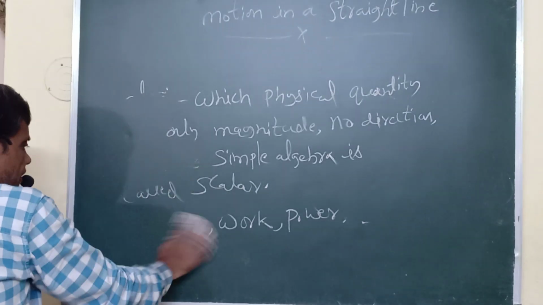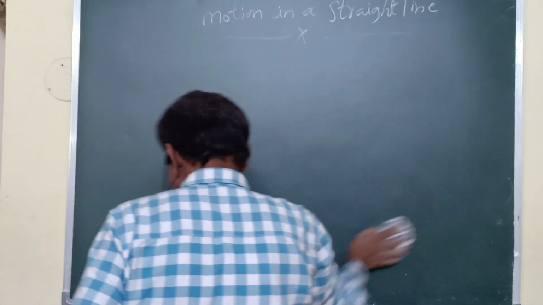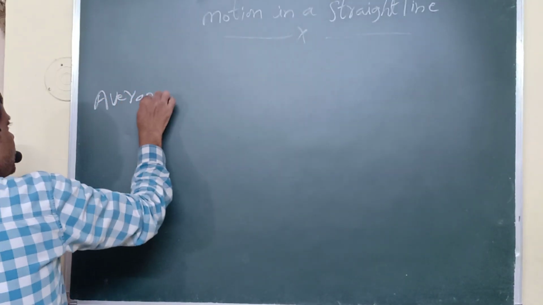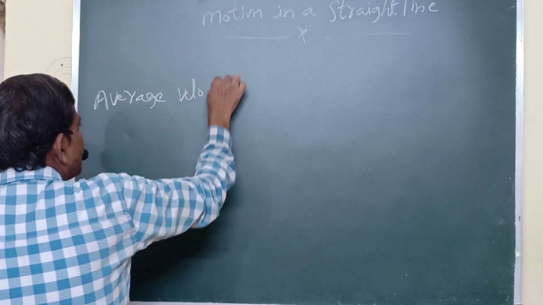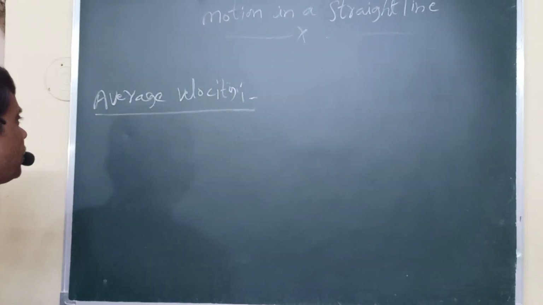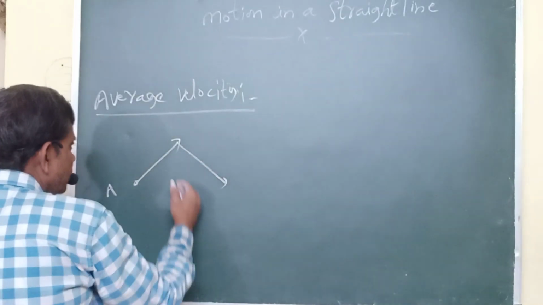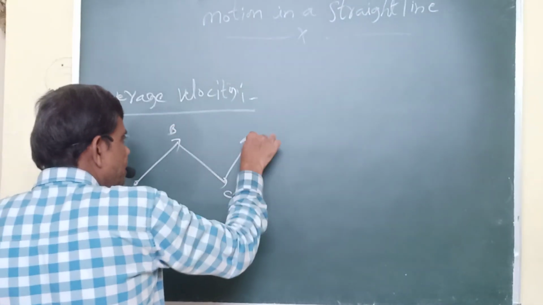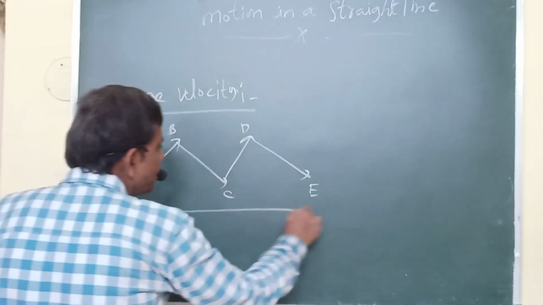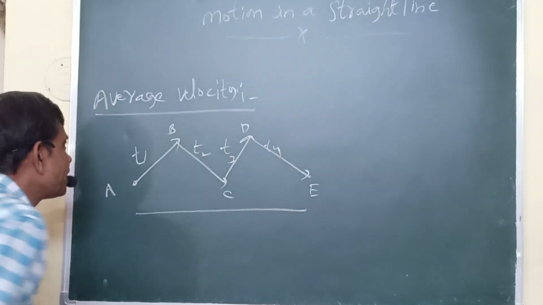Okay, next we go to average velocity and average speed. Average velocity first. For example, one particle starts its journey from A to B, again B to C, again C to D, again D to E. Like this it is moving. The times taken are T1, T2, T3, T4.